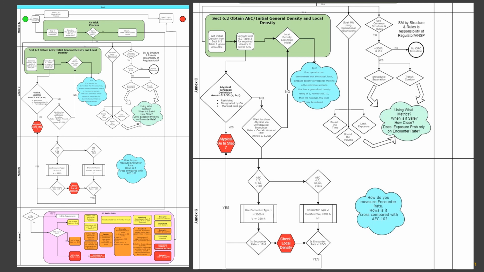A lot of it is relying on knowledge about airspace traffic. And so that's what we're trying to drill into in the QM group.